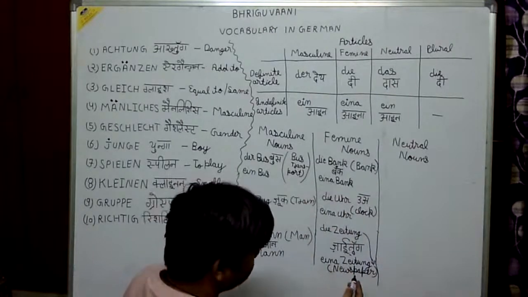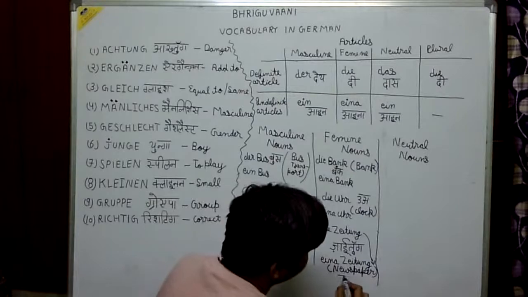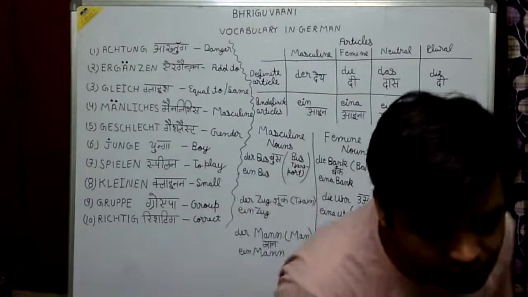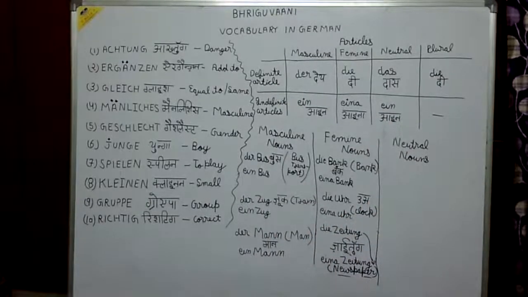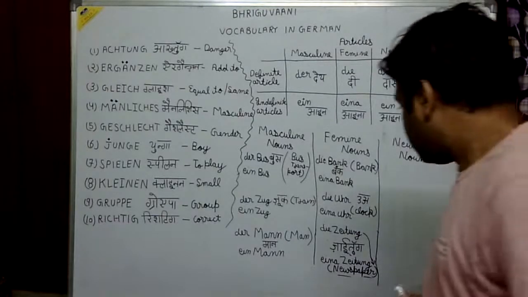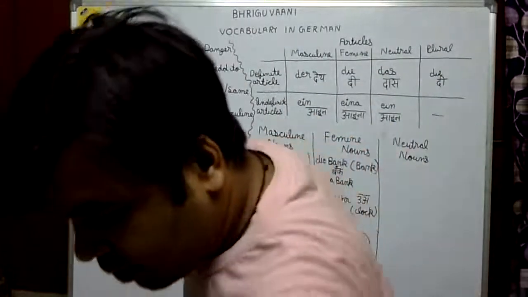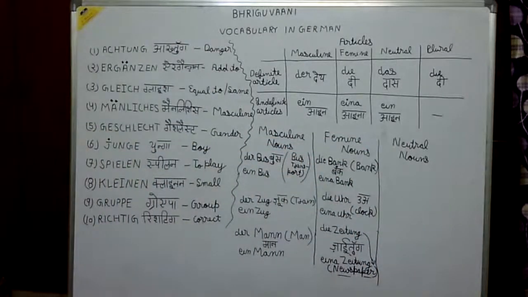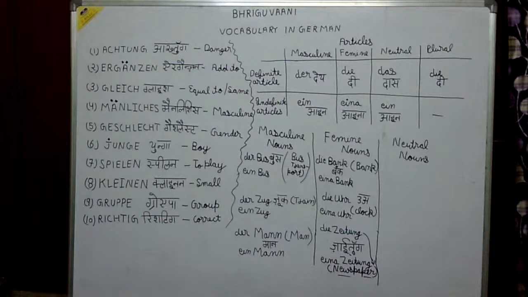Is it visible to everyone? Yes, it's visible on the board. So this Zeitung means newspaper.